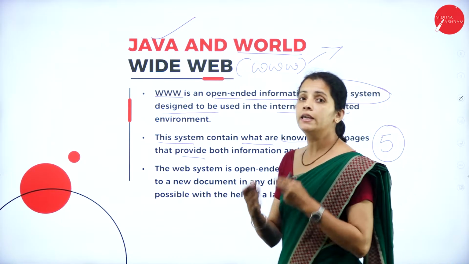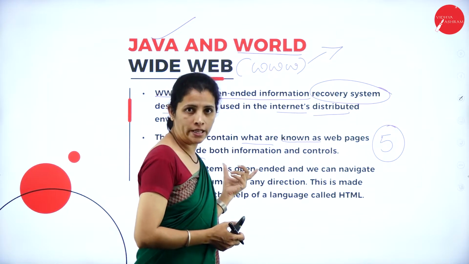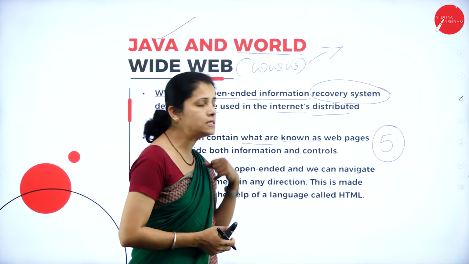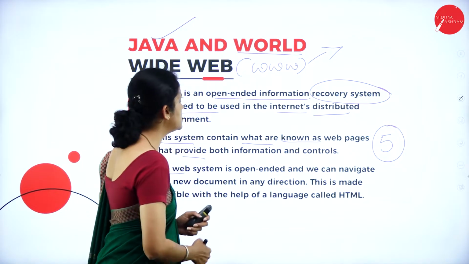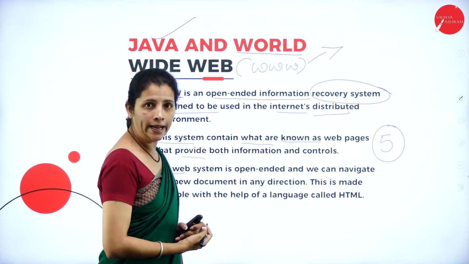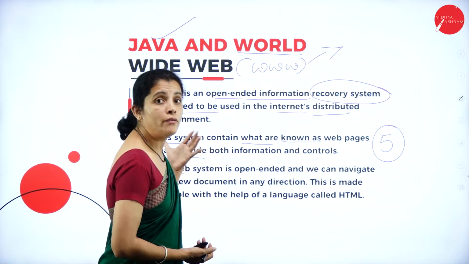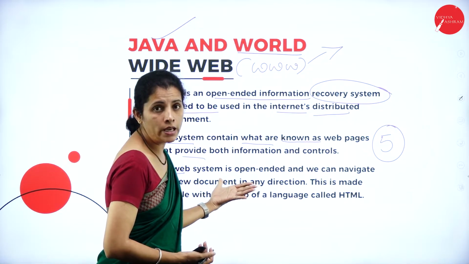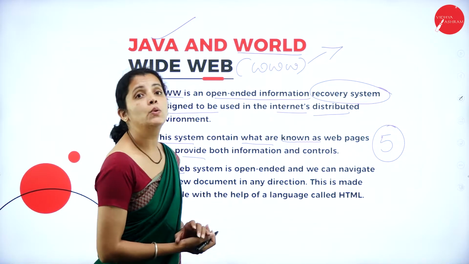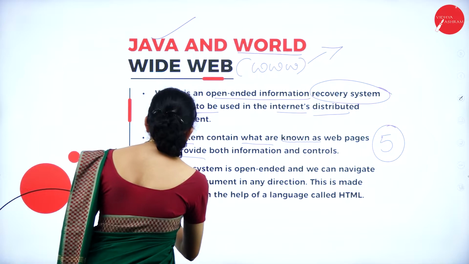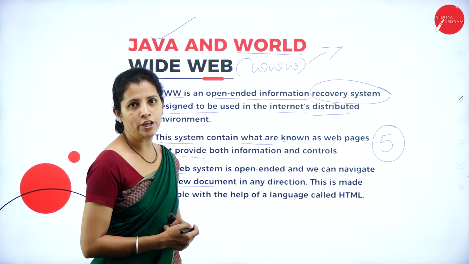That means here web pages are responsible for holding the informations as well as controls. The whole web system is open-ended. That means all the web systems are freely available to the user. That is open-ended, and we can navigate to a new document in any direction.